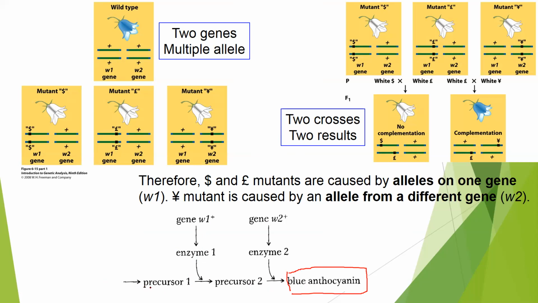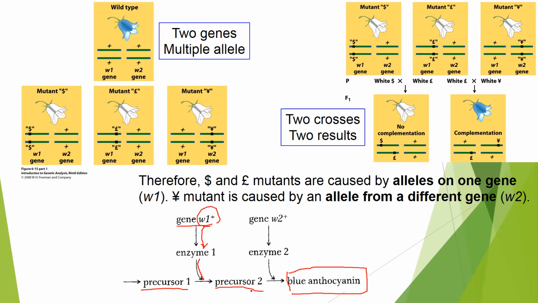So first, there's a colorless precursor one, which doesn't have any color. So there's one gene called W1. If the wild type gene produces some functional enzyme, enzyme 1, this enzyme will work on this precursor and transform precursor 1 into precursor 2.